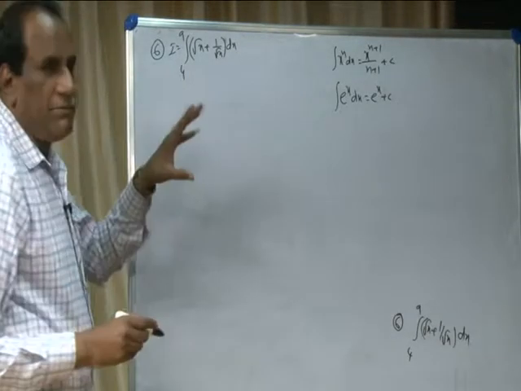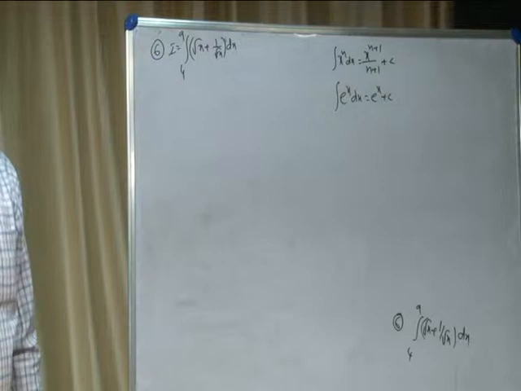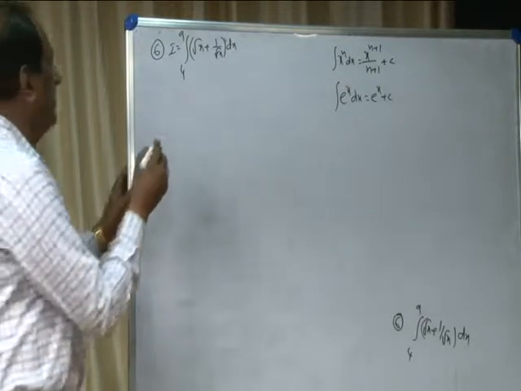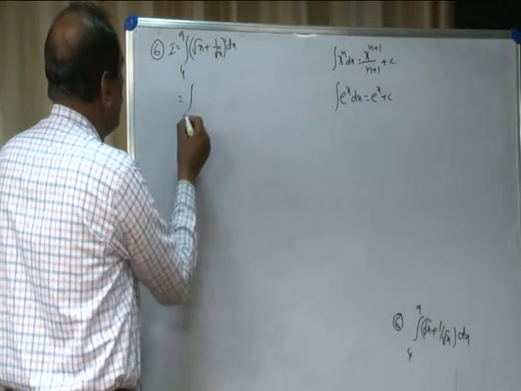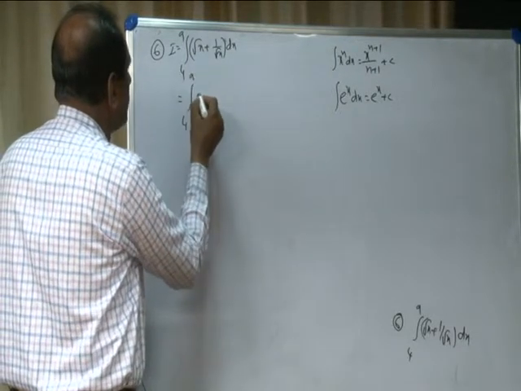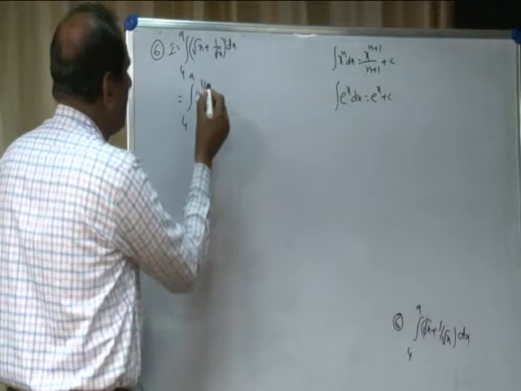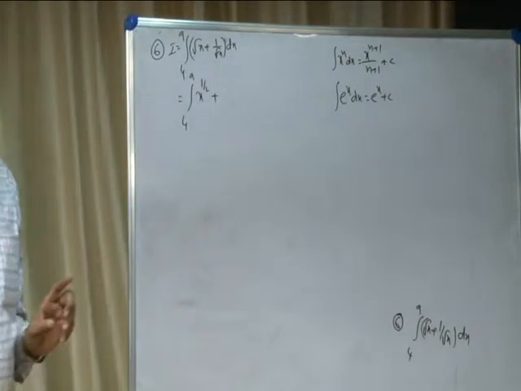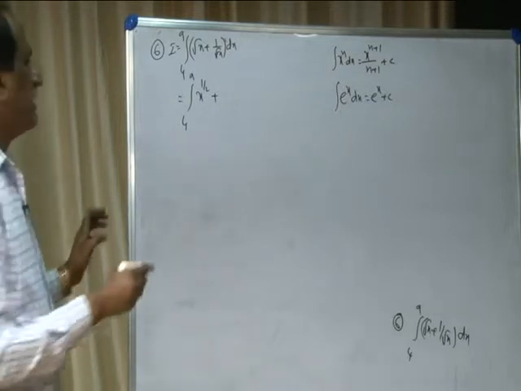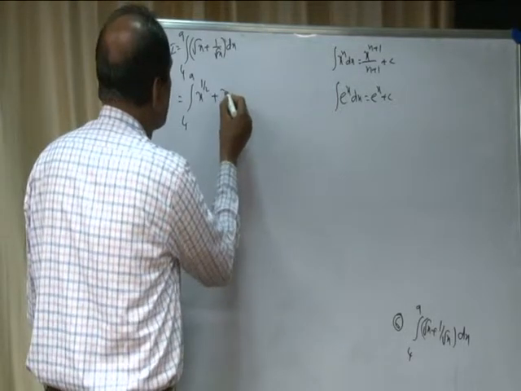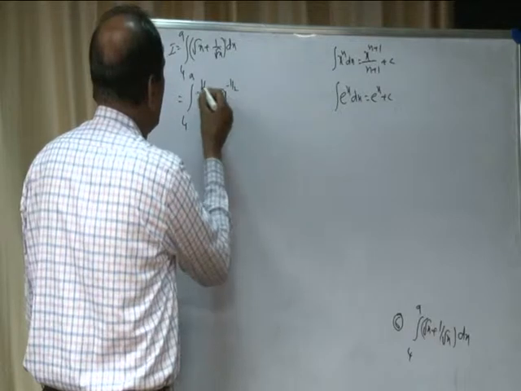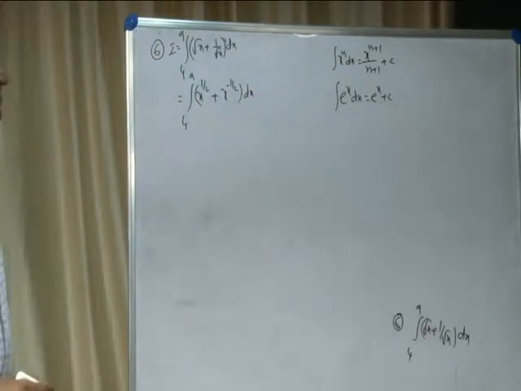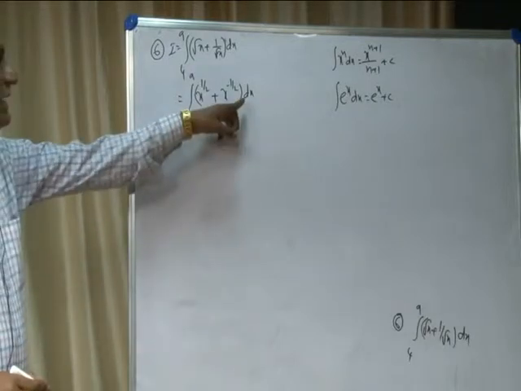Now write the powers of x, and take the denominator term to the numerator. That is, from 4 to 9, root x means x power half, plus 1 by root x, which is 1 by x power half, taken to the numerator. So we get x power minus half, dx: x power half plus x power minus half dx.